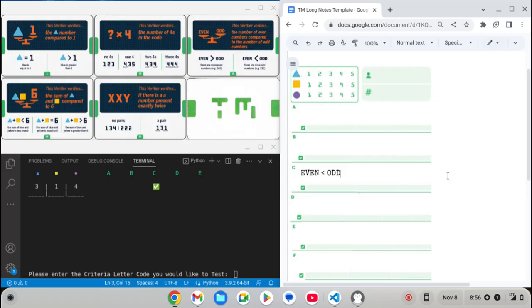So let's see. Let's go ahead and test criteria card E. Okay, so the Turing Machine does approve again of my proposal of 314. Notice that 314 has no pairs, and the Turing Machine approves of that.